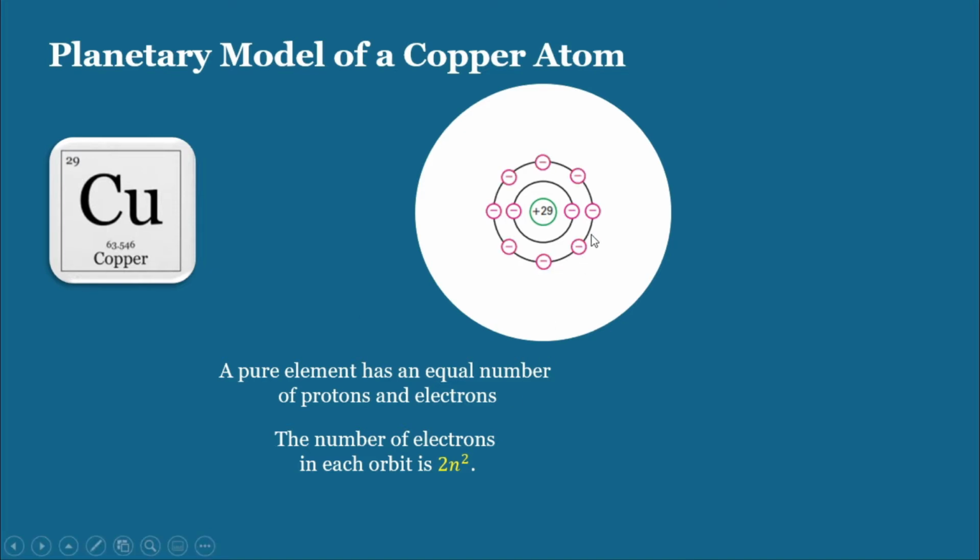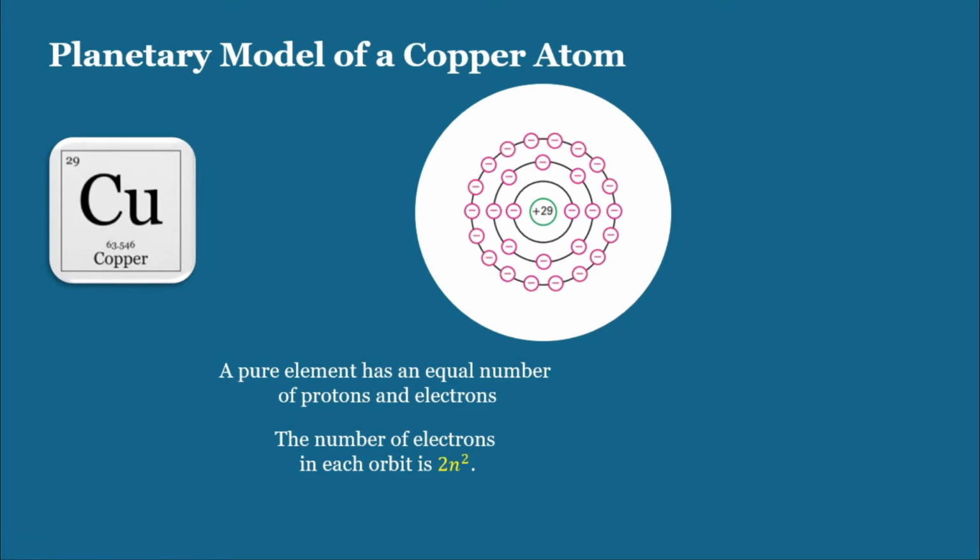Since on the first orbit we already have 2 electrons plus 8 on the second orbit, we now have a total of 10 electrons. Now there are 29 electrons for a copper atom. We still lack 19 electrons. Therefore, there is a need for a third orbit. So if n is equal to 3, 2 times 3 squared is equal to 18 electrons.